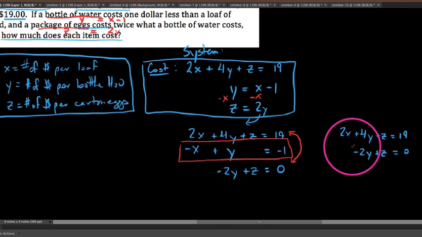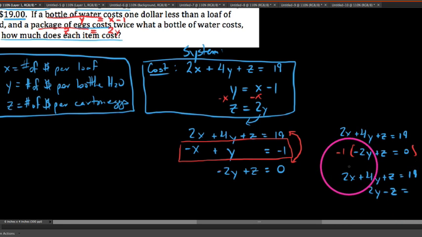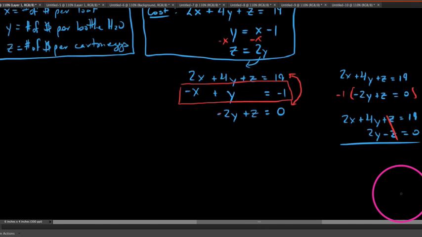So I'm inclined to take this whole second equation times a negative 1, which would give us the first equation, 2x plus 4y plus z is equal to 19, but the second equation would now become positive 2y minus z equal to negative 1 times 0, which is 0. So adding these together, our goal was to cancel out z, and what we get left with is 2x plus 6y, and 19 plus 0 is 19.